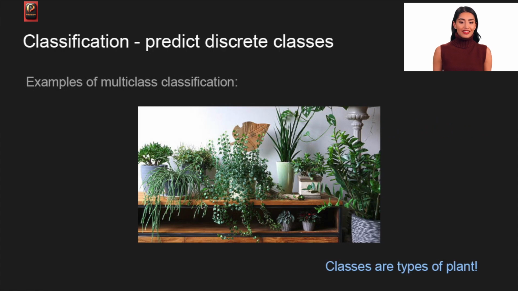Other examples of multi-class classification might include: I give you a bunch of statistics about a plant, and I want to know what type of plant species that is. There are so many different classes of plant species out there. So I want my model to take some statistics and tell me which one it is.